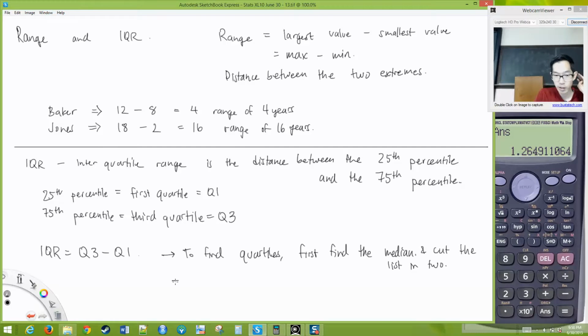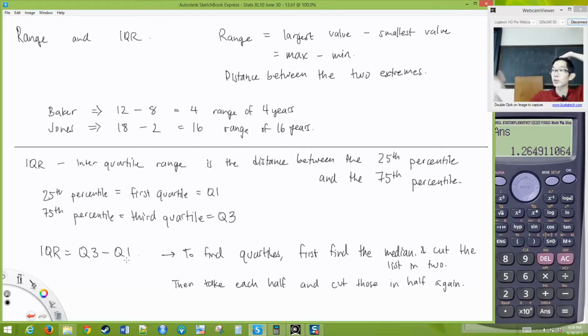Then take each half and cut those in half again. The halfway point of the smaller half is Q1, and the halfway point of the larger half is Q3.